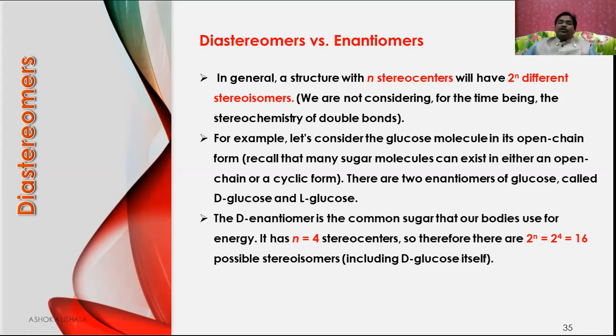There are two enantiomers of glucose called D-glucose and L-glucose. The D enantiomer is a common sugar that our body uses for energy. It has n equal to 4 stereocenters. So there are 2 to the power of 4, 16 possible stereoisomers, including D-glucose itself.